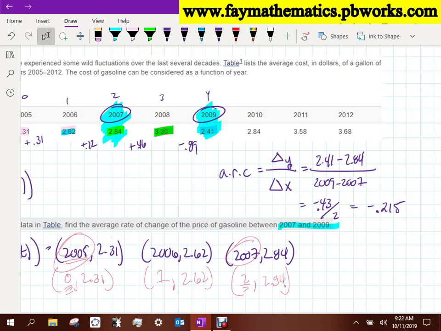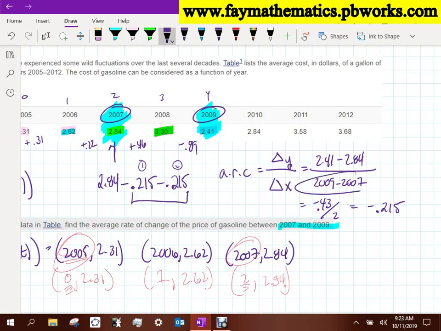Okay. Let's say we started at 2.84, and if we subtract from it our 21.5 cents one time, and that would be maybe year 1, and then subtract it from it again a second time, 2.84 minus this thing 2 times because we're looking at a gap of 2 years.